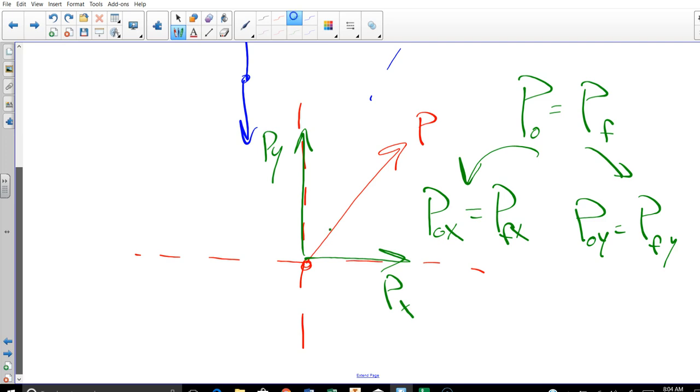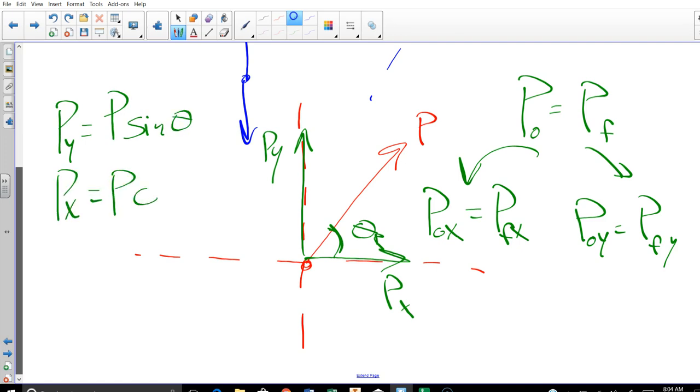Just a reminder, if you have a reference angle, the angle to the x-axis, your y component is going to be the original momentum times the sine of that angle, and your x is going to be momentum times the cosine of that angle. That's old stuff.